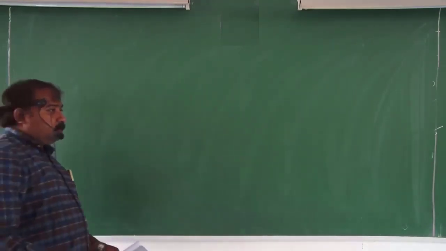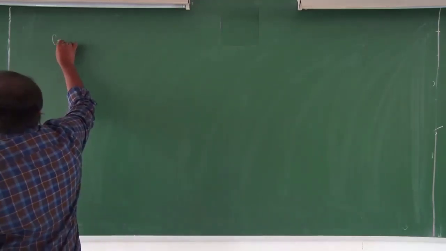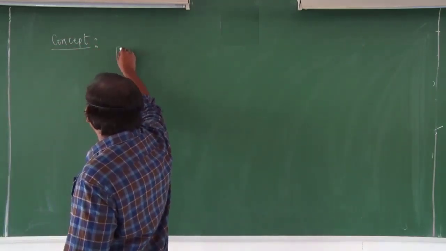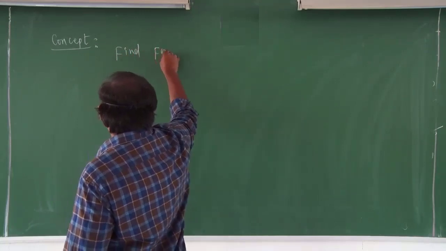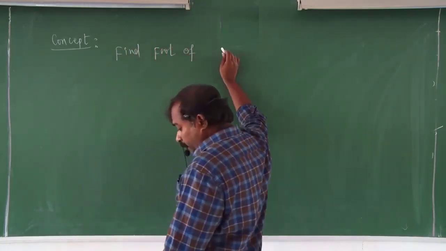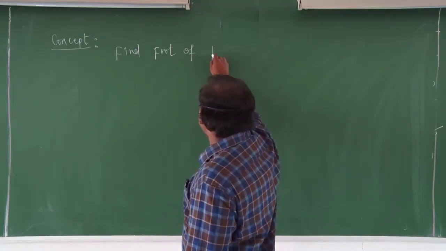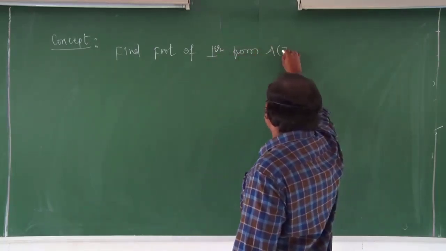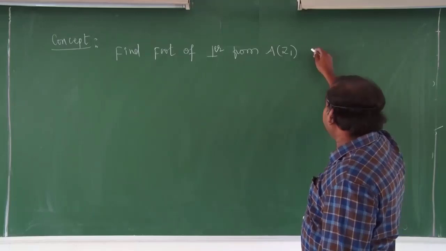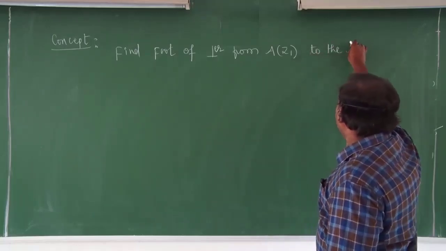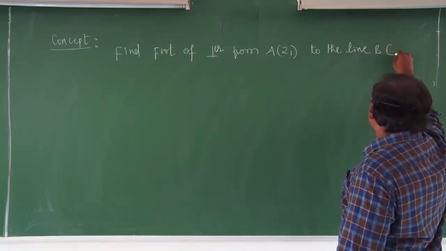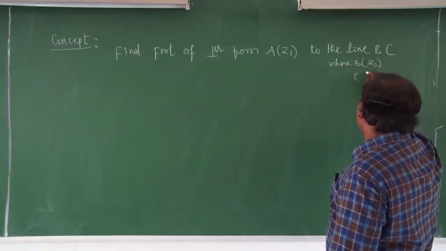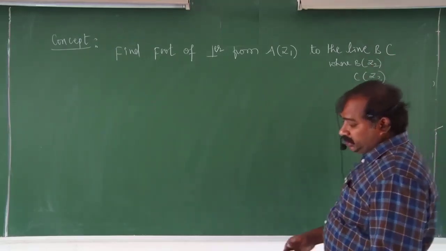Here one concept is there. Here they have given: find the foot of the perpendicular from A of Z1, one complex number, to the line BC, where B is Z2 and C is Z3.